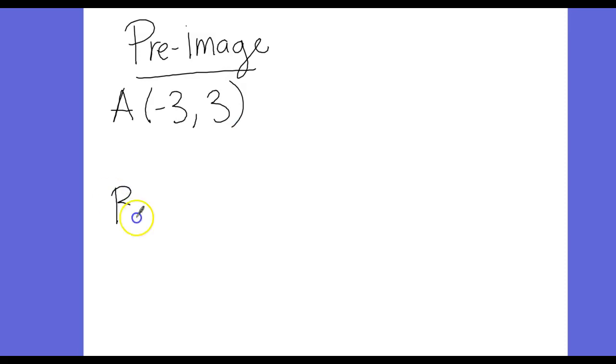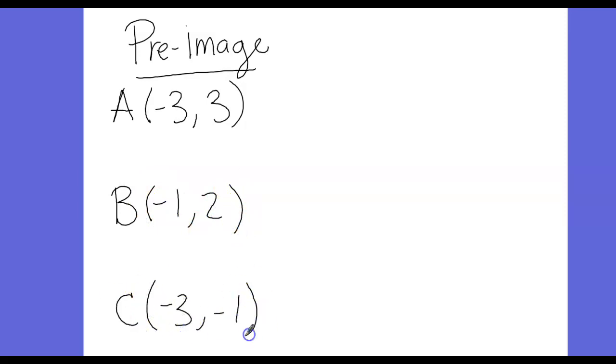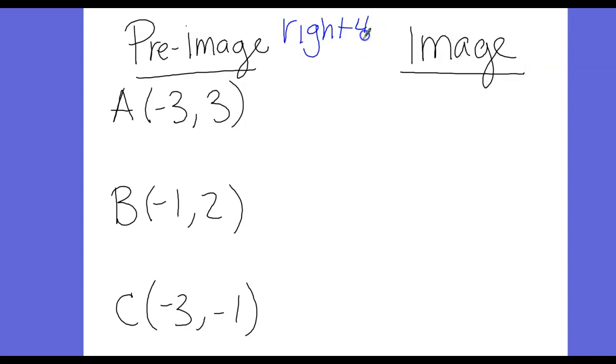And B was -1, 2, and C was -3, -1. So this would be an example of if you aren't given a coordinate grid, how you could find the new points. So our image points, after we translate it, and we translated it right 4 and down 2.